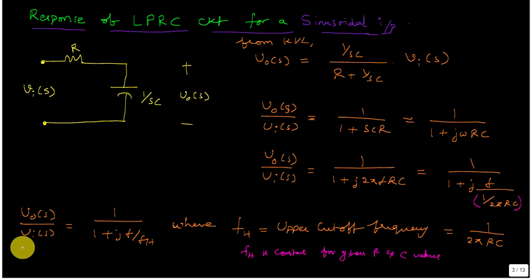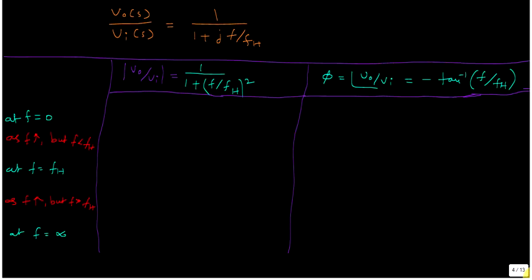So this is the transfer function. We can call this term the transfer function of the low pass RC circuit: V0 of s by Vi of s is equal to 1 by 1 plus jf by fh. Now, from the transfer function, we can see it includes a j term, which means it is complex in nature. Any complex equation can be represented in polar form like this.